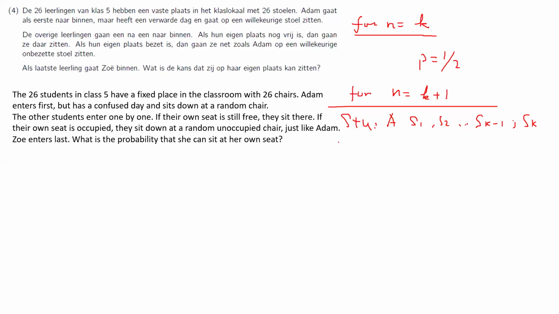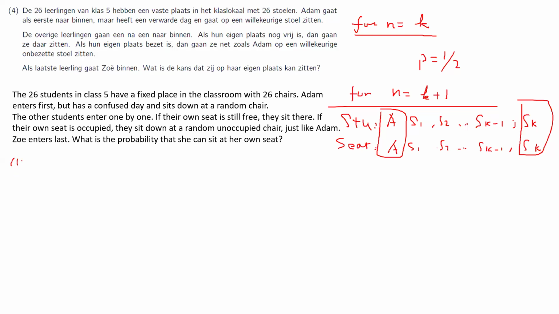Yeah, the seats are also like this: A, S1, S2, dot, dot, dot, S(k minus 1), and Sk, where Sk is the last student who enters the classroom, and A is the first one who enters the classroom. Okay, so we divide this process into three different cases.